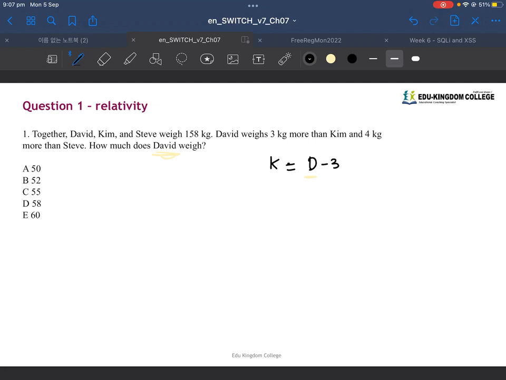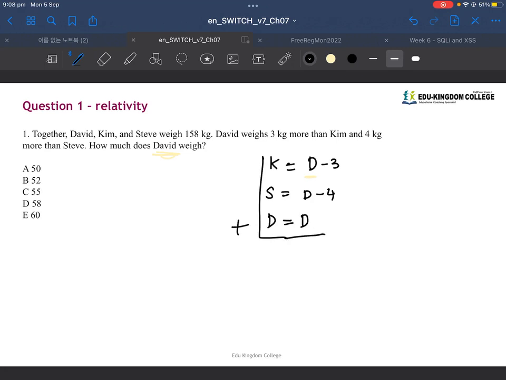Then we have Steve. Steve is D minus 4, so 4 off of David. And what do we know D to be? David is just D. I state that because it's clearer for you to see that now, imagine I add all of this.